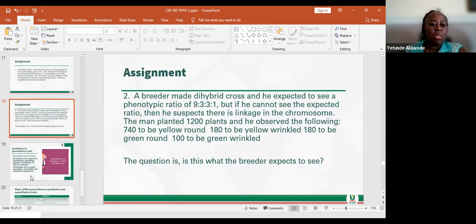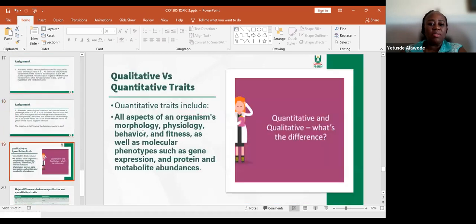Before you close, let's quickly talk about qualitative and quantitative traits. Quantitative traits, like quantity, are measurable, covering all aspects of an organism's morphology, physiology, behavior and fitness. Things you can measure, like plant height, number of leaves, number of branches, are quantitative traits.